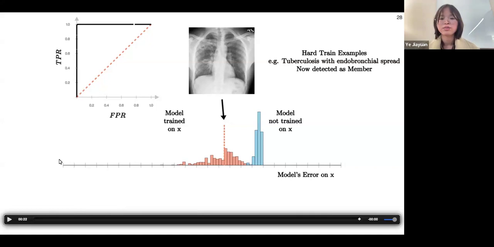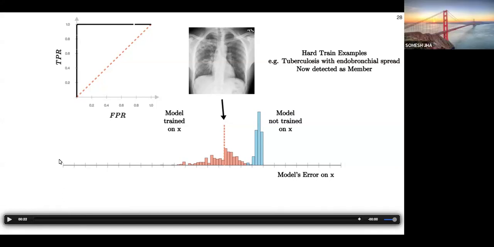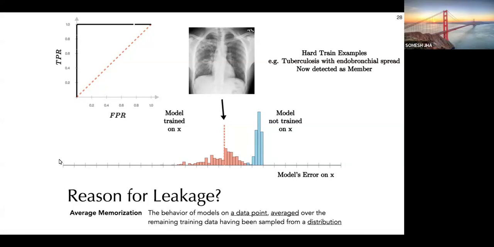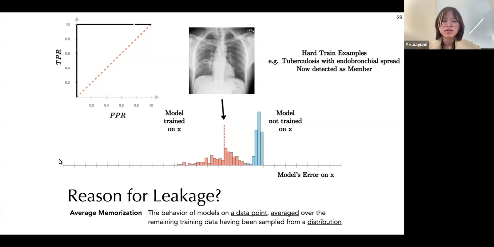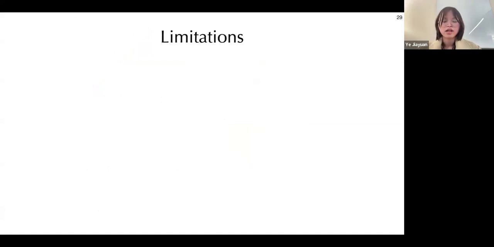Okay, so this attack is one of the most successful attacks currently, but it still has its own limitations. So in this slide, let us dig deeper into what the limitations of the previous two attacks, one on population data and one on reference models, are.